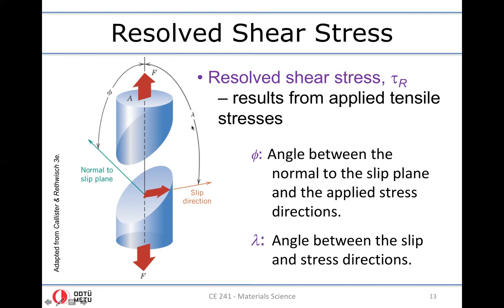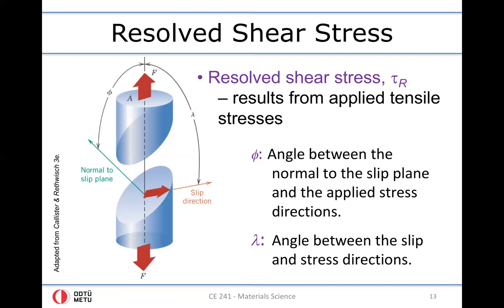There is one more angle that needs to be introduced: the angle between the applied normal stress direction, in this case the longitudinal direction of the specimen, and the slip direction, and that angle is denoted by lambda. So lambda is the angle between the slip direction and the stress direction.